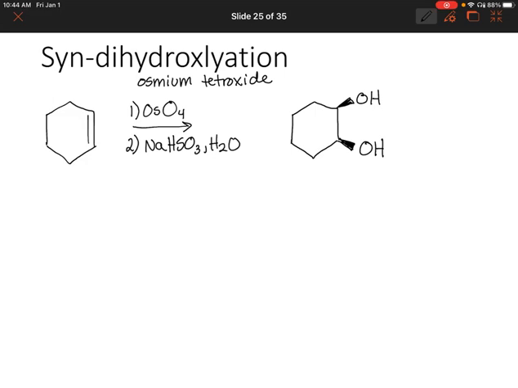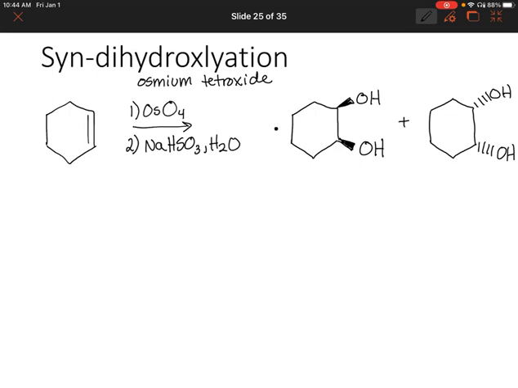So if we do have addition from below, what is the relationship between those two products? Are they enantiomers, diastereomers, or identical? They're actually identical. So you could rotate one of those and end up with the other molecule.